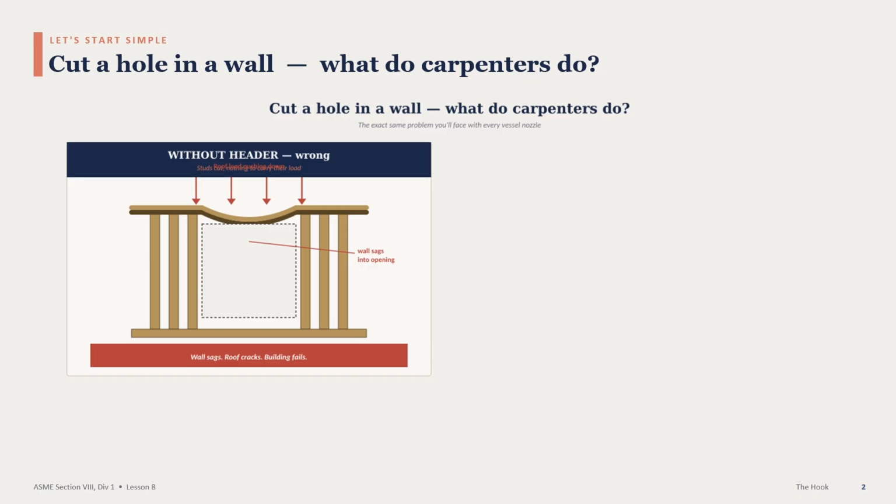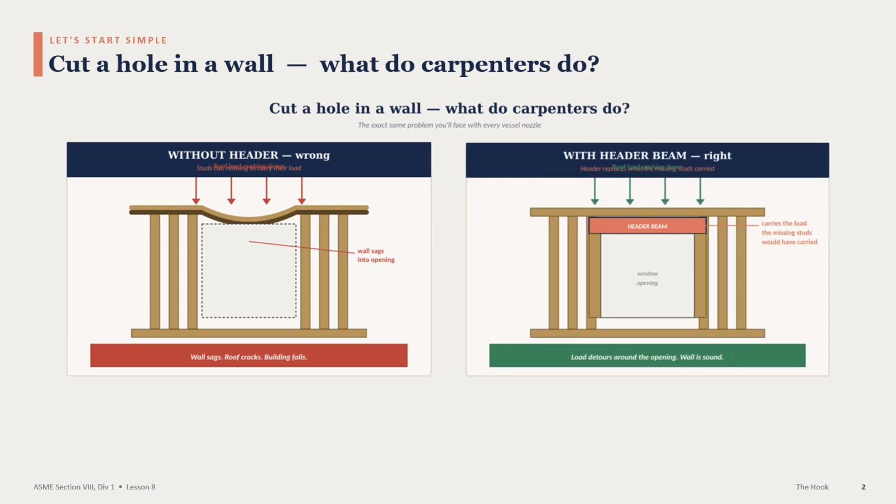But look what happens. The load that used to run through those studs has nowhere to go. The top plate sags into the opening. Cracks appear. Eventually, the roof itself deflects. So, what does the carpenter do?